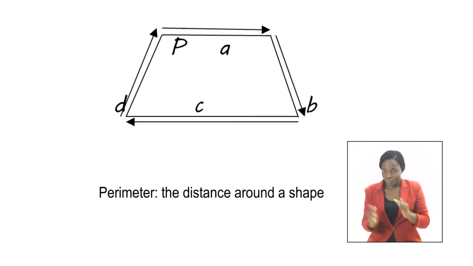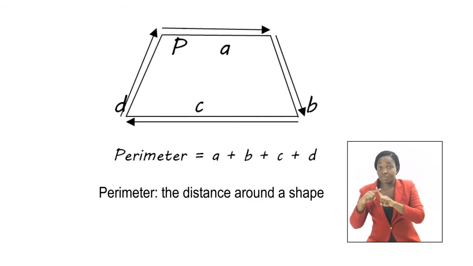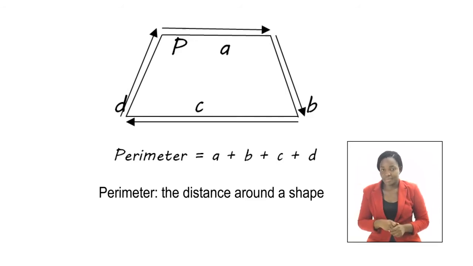We can say the formula for this trapezium on the screen would be perimeter equals A plus B plus C plus D, if A, B, C, and D are the lengths of the sides.